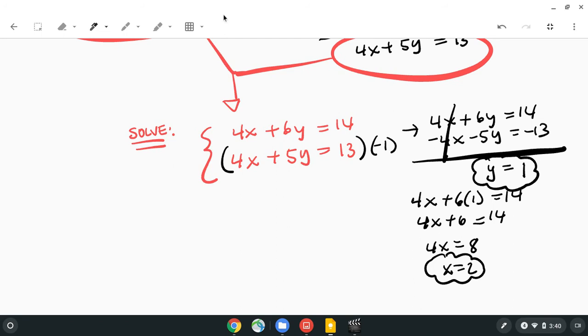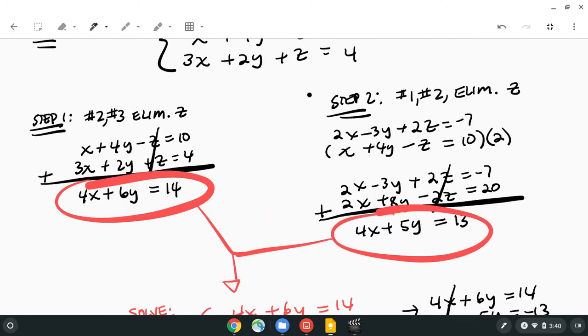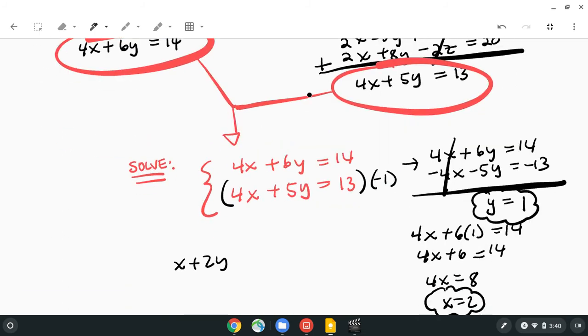Let me do that over here. So, my short-term memory is bad.